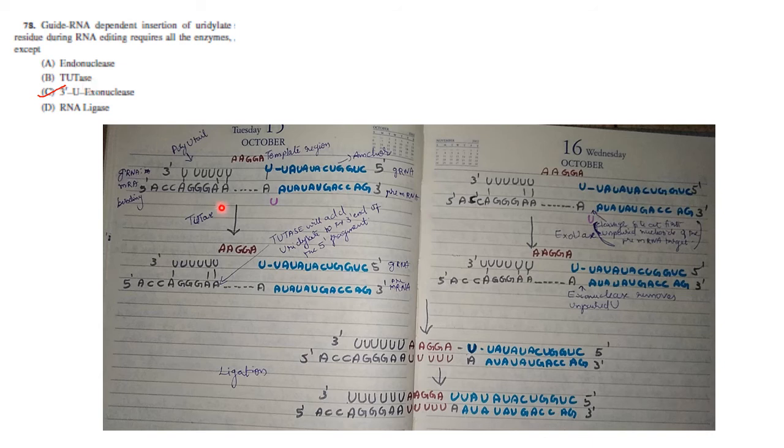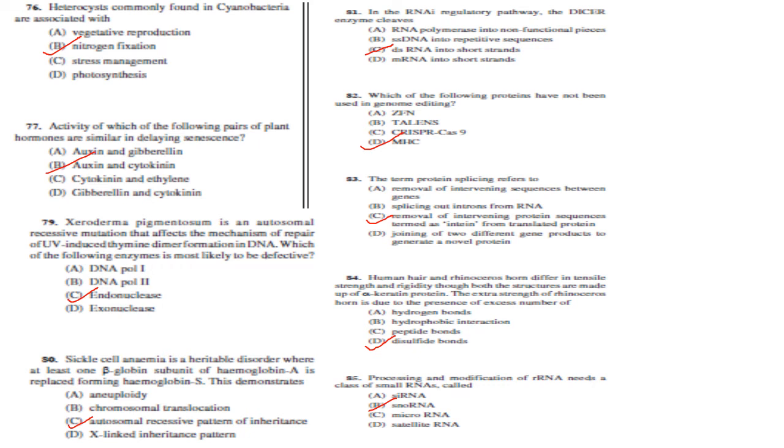Then you need TUTase that is involved in addition of uracil to the pre-mRNA, and then you need RNA ligase for ligating the RNA after addition of the uracil residue. So the answer here is option C, that is 3' U exonuclease or exoU-ase. That is not required.